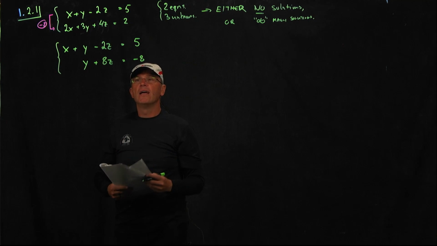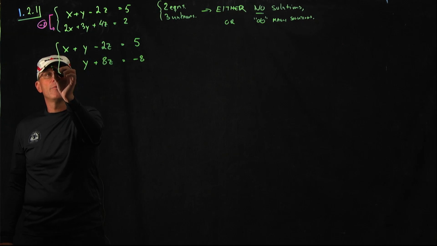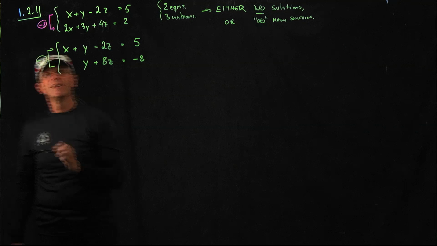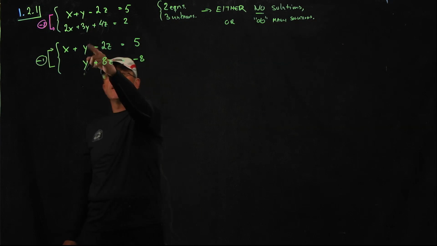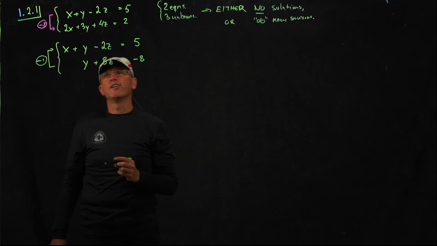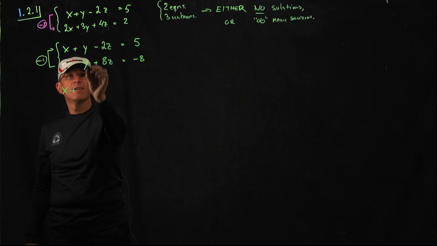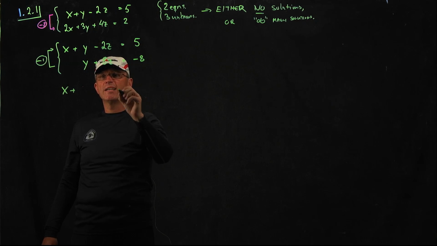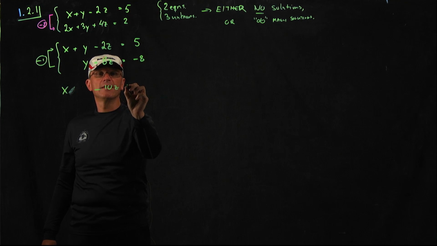Okay. And now in this case, we're going to go forward and subtract the new second equation from the first to get rid of the y term. So then we have x, the y goes away. We have negative 2, we're subtracting 8. So we get negative 10z.